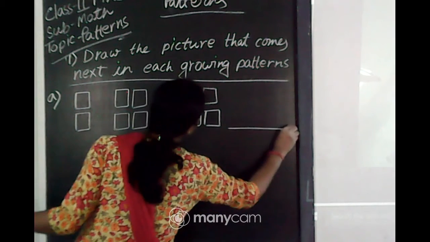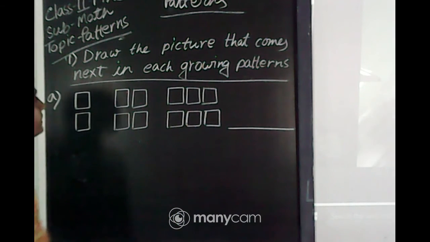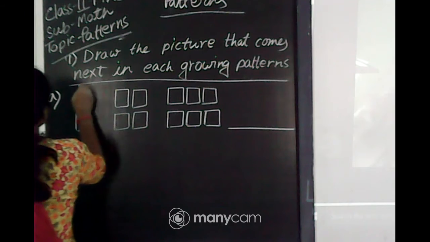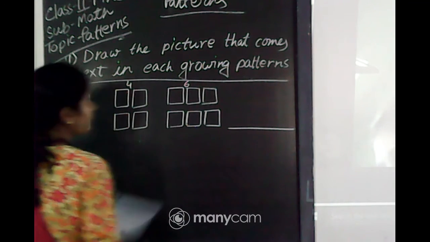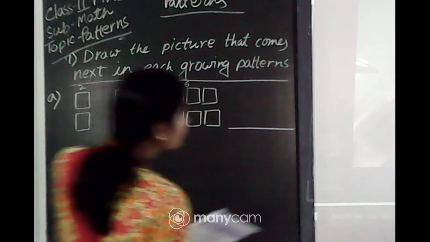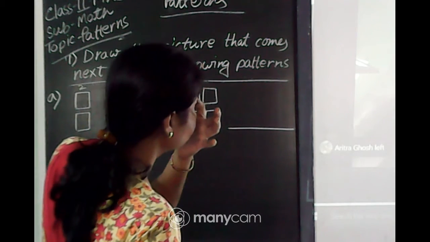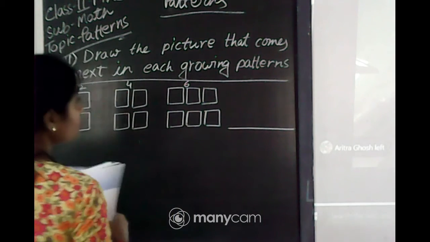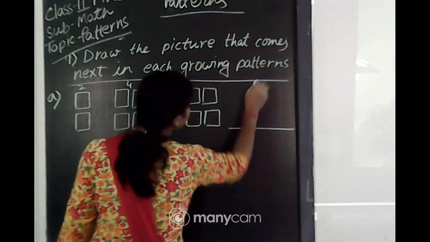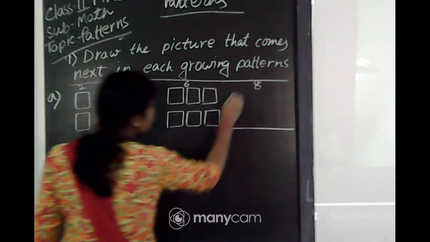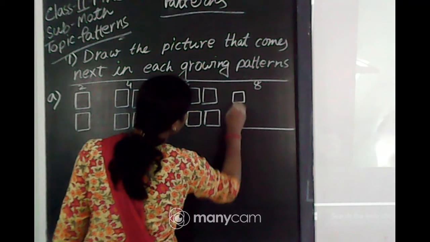Then what will be the next? Here 2, then 4, then 6. What will be the next? Potushna, what happened beta? 2, 4, 6, then 8 squares. Please draw, all of you.